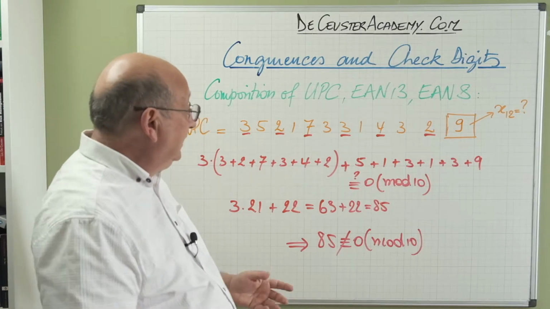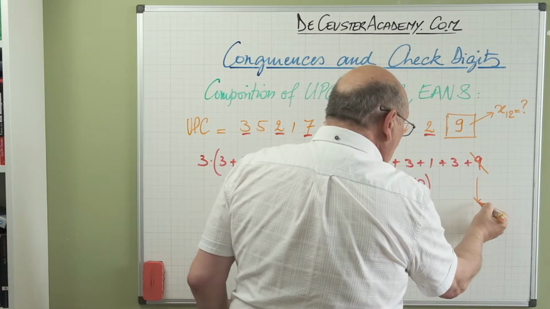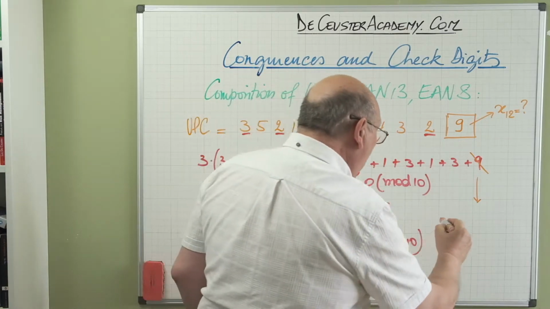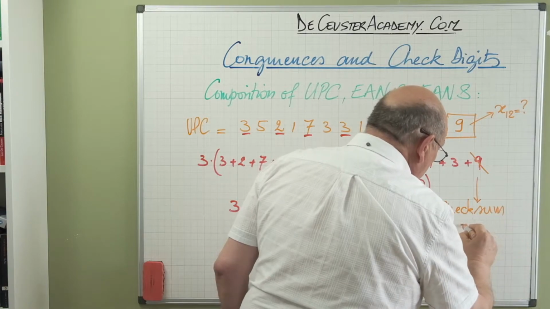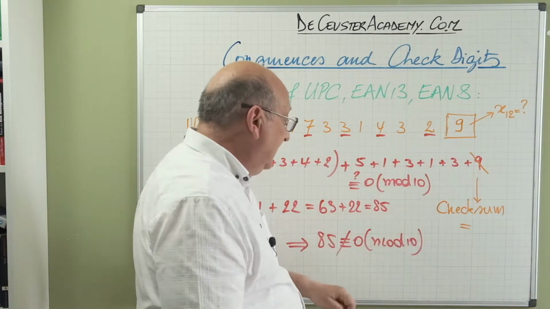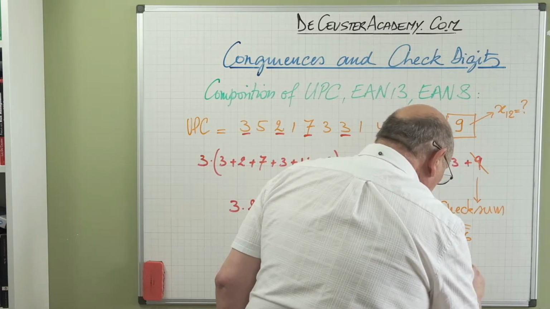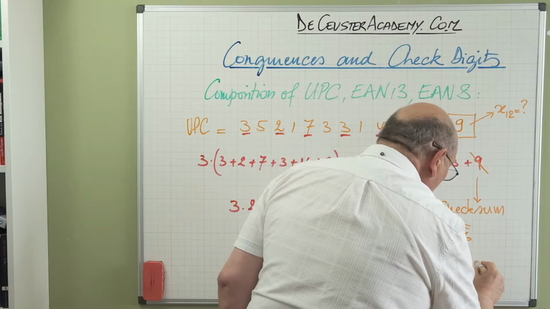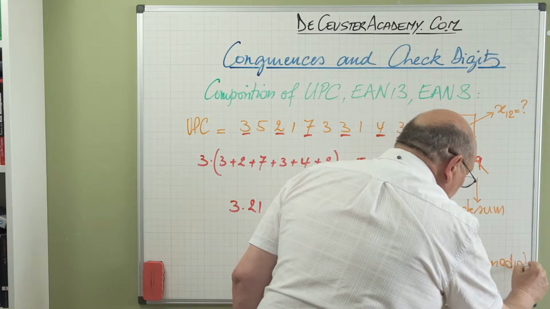What should be the check digit? Well, take away this and we look at the checksum. Without the 9, checksum is equal to 85 minus the 9 is 76. So 76 plus 4 is congruent 0 modulus 10.